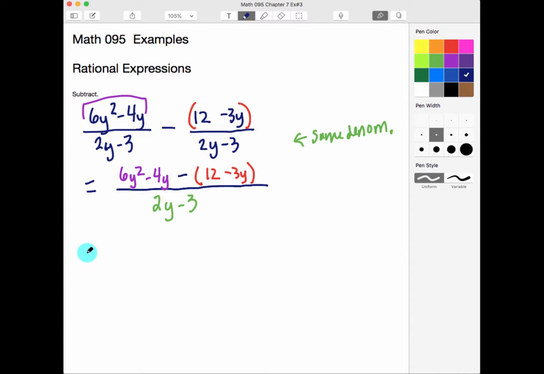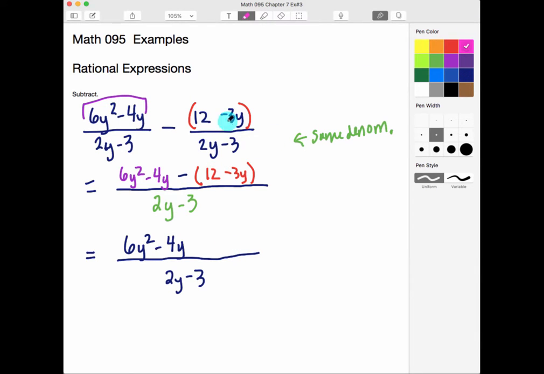All right, so let's start cleaning this up. I want to get rid of these parentheses. So let's rewrite our fraction bar. We'll put a 2y minus 3 in the denominator. And then the first two terms, 6y squared minus 4y, nothing changes there. But now we need to distribute.